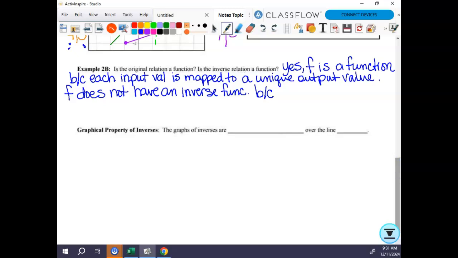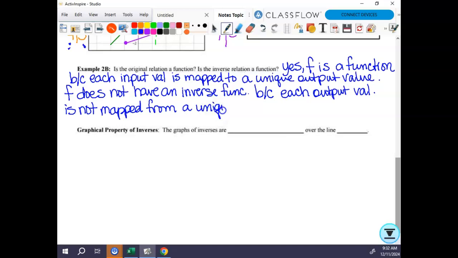Each input value is mapped to a unique output value. F does not have an inverse because each output value is not mapped from a unique input value.